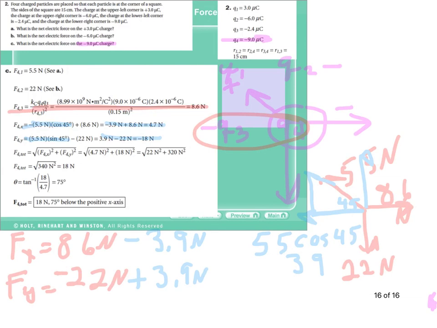So we end up with 4.7 newtons and negative 18 newtons.